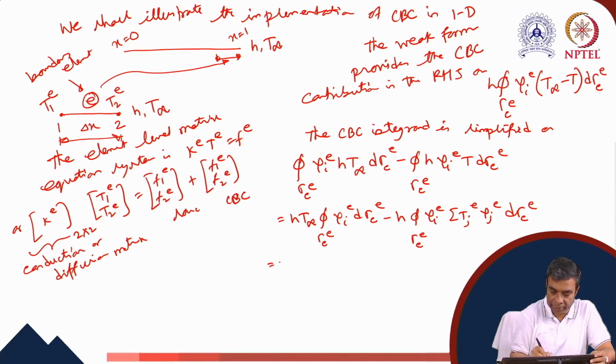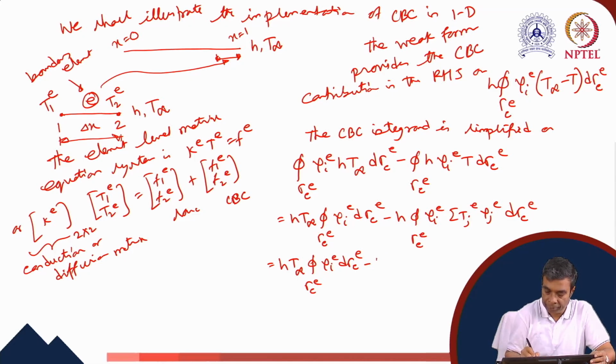This gives us h T infinity times the boundary integral of psi ie d gamma ce along gamma ce, minus h times the summation over J belonging to gamma ce of the integral of psi ie psi Je d gamma ce times TJe.